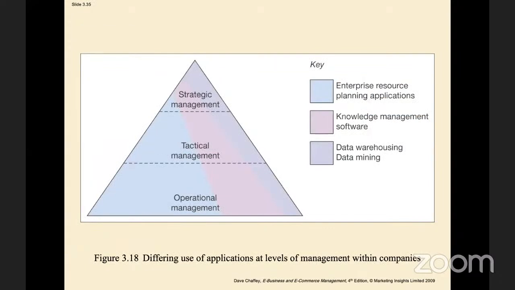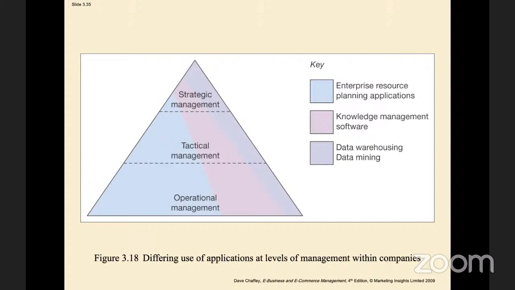Now this is figure 3.18, differing use of applications at levels of management within companies. So how we are using different types of applications at different management levels in the companies.